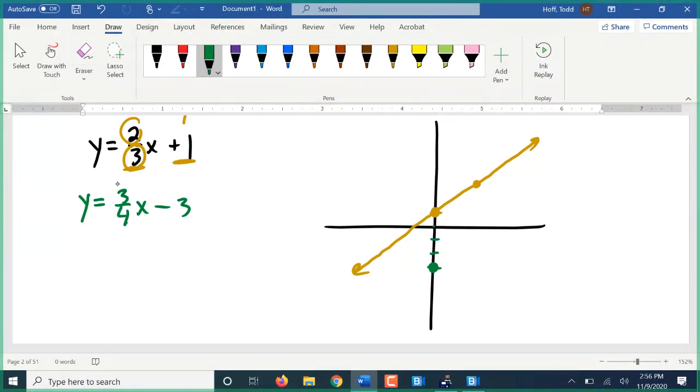The 3/4, we're going to rise 3, run 4. So from this starting point that we defined, we rise 3, 1, 2, 3, and we run 1, 2, 3, 4. There's our second point on the line. We draw our line through those 2 points.